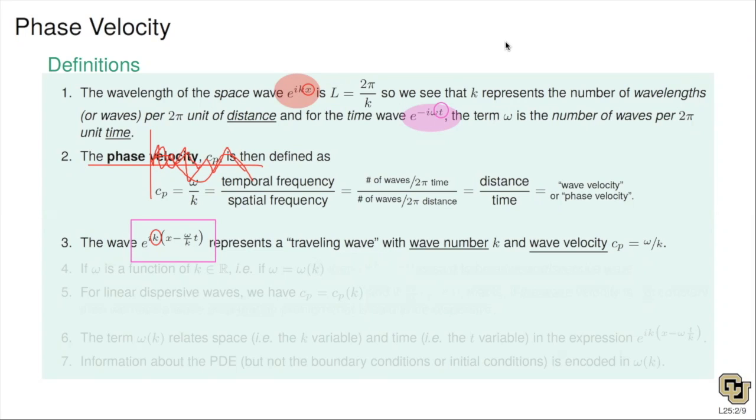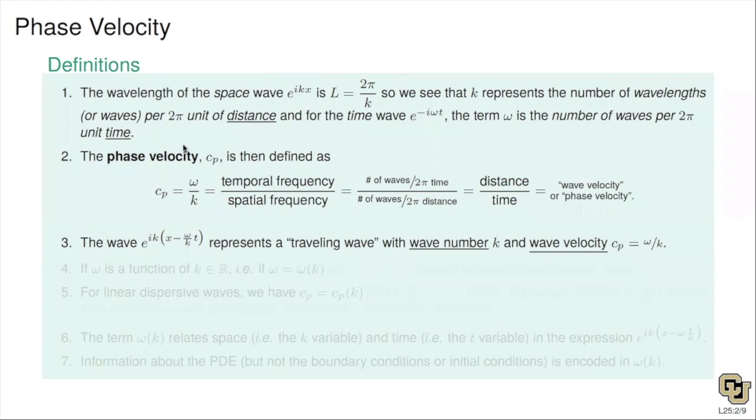So k is the frequency, and omega over k we can interpret as some type of phase velocity, wave velocity, that's somehow driving or capturing the motion of the wave.